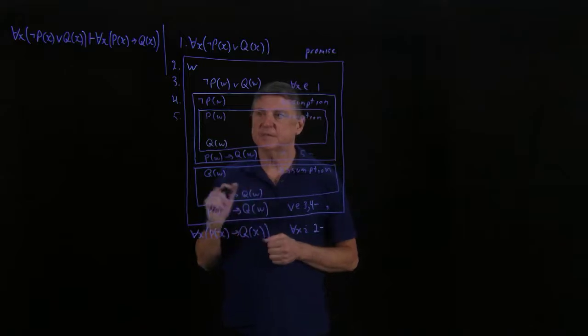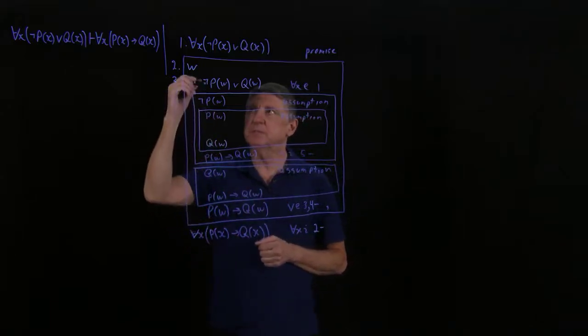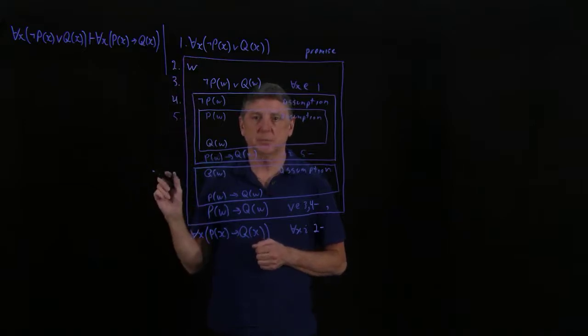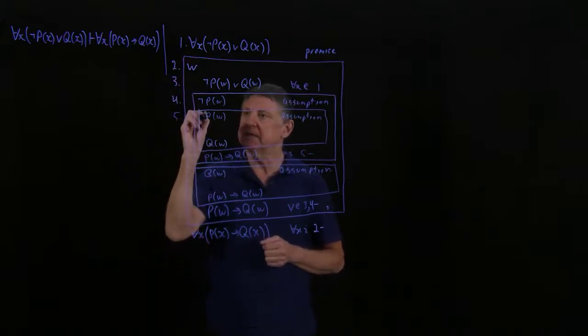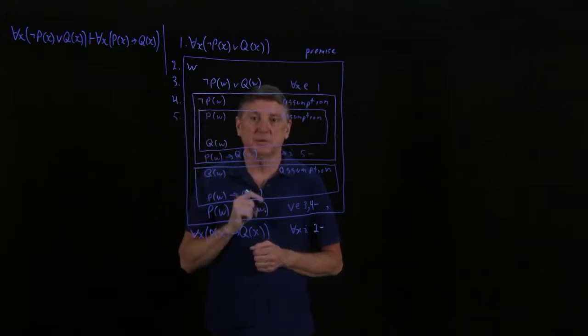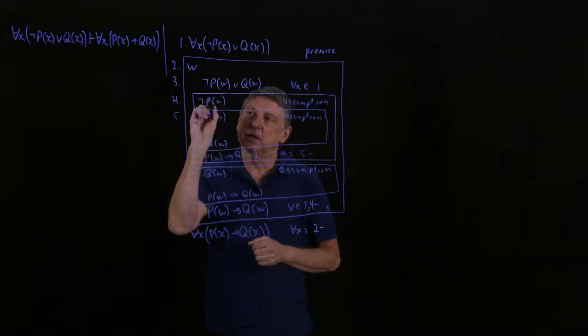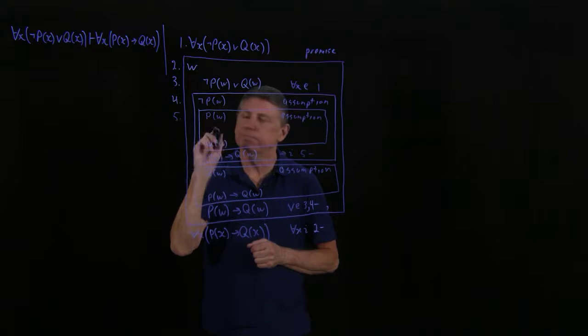I then ask myself, what can I do with this new assumption and everything that precedes it in the proof that's within scope? And my answer is, I see P of W, and immediately above I see not P of W. Well, I could use negation elimination to get the bottom symbol.